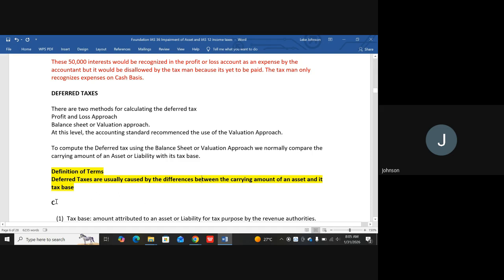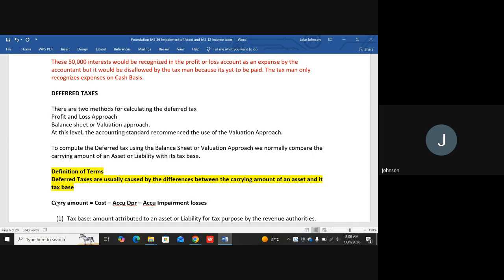Then how do we know what the carrying amount of an asset is? So carrying amount is equal to the cost of the asset minus depreciation minus accumulated impairment losses.